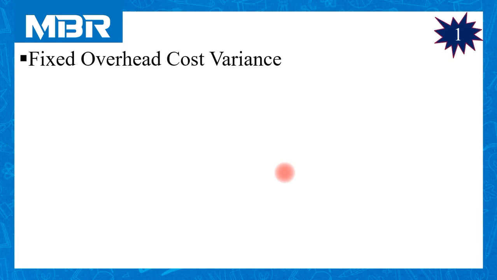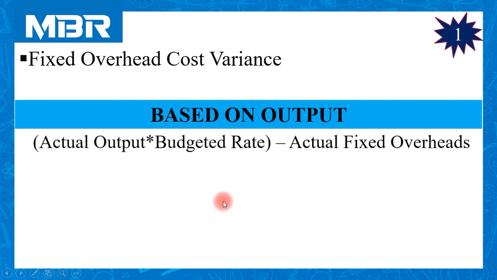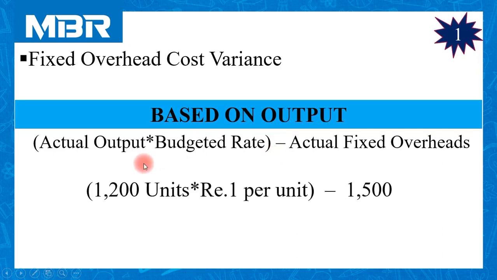The first and foremost variance is fixed overhead cost variance. First, based on output: actual output multiplied by budgeted rate minus actual fixed overheads. Actual output as per the information given in the question is 1200 units. We have already decided the rate per unit and it is rupee 1 per unit, minus 1500.